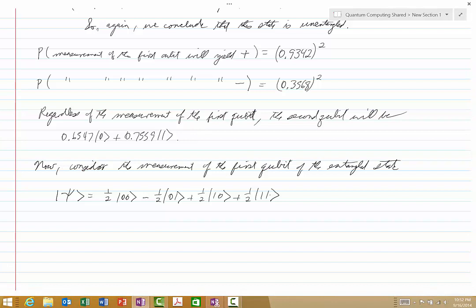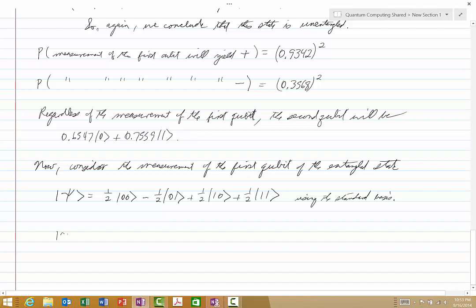Okay, so hopefully now you have concluded that the claim is correct, that this is indeed an entangled state, but even if you did not conclude that or had some trouble in concluding it, it will become obvious as we work through this example. So we're going to consider the measurement of the first qubit of the entangled state, using the standard basis, because that'll make this nice and easy.